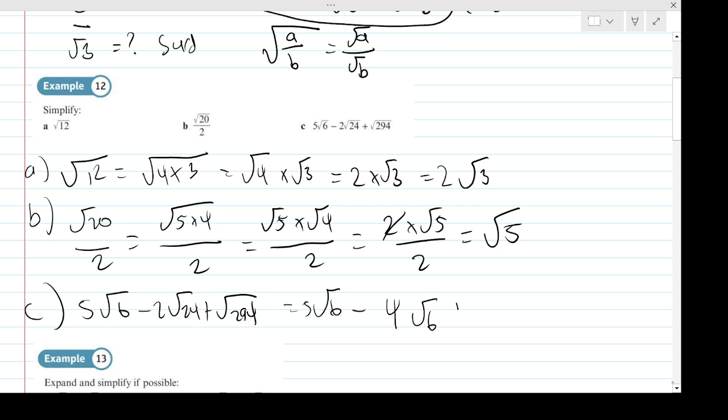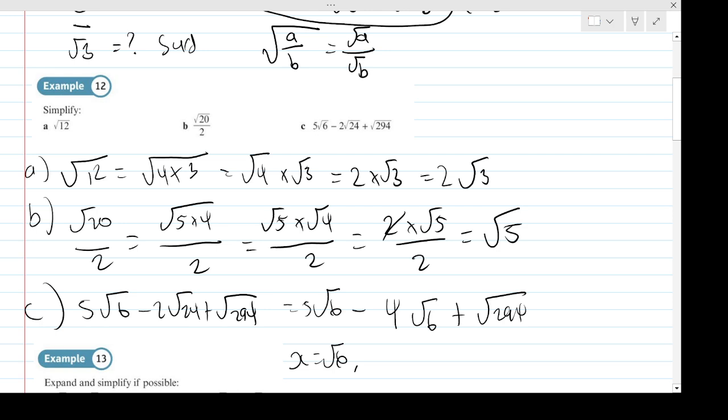And then what about the last bit? Well, 294. What I wouldn't advise in this particular instance is to list all the factors; there'll be too many. Instead, recognise what we're doing here. Look at what we've got: root 6s in both of them. When you're adding and subtracting, you can only add and subtract the same surd. It's exactly like if I said that x was root 6.